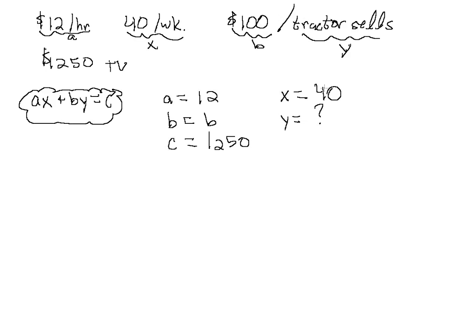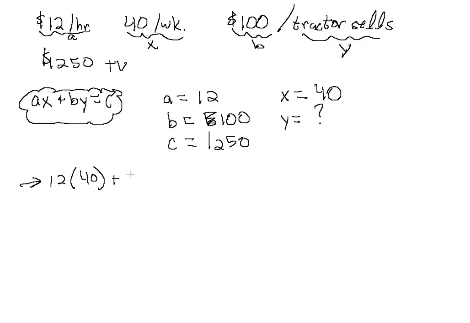Okay, so let's go ahead and plug these values into our standard form equation. We have A, which is 12, times X, which is 40, plus B. Sorry, B is 100. We're labeling the variable B as the amount of income that he gets for each tractor sold.